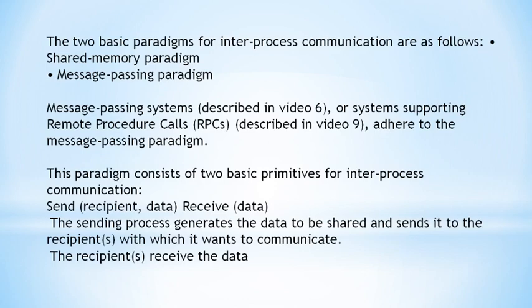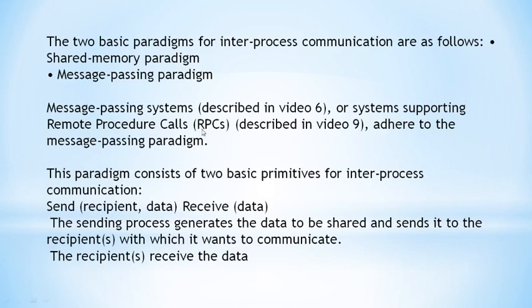So, we have already discussed the two main basic paradigms of inter-process communication. Those are shared memory paradigm and message passing paradigm. Already in videos 6 and 9 we have discussed the message passing system and the supporting remote procedure calls for message passing system.